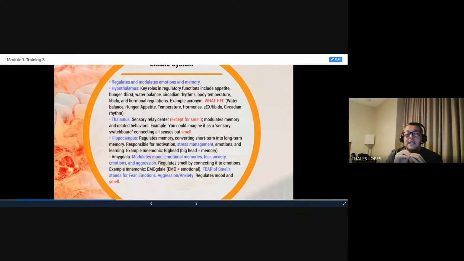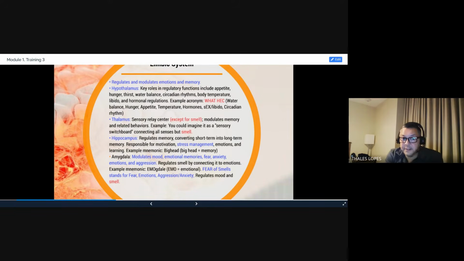If the question says aggression, anxiety, and fear, especially fear and aggression, amygdala is the answer. If the question asks which part is related to the sense of smell, then amygdala.